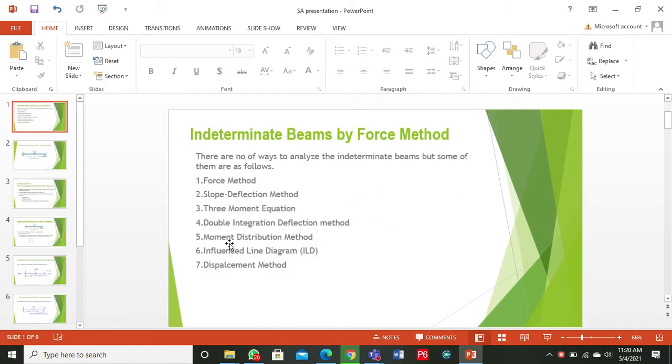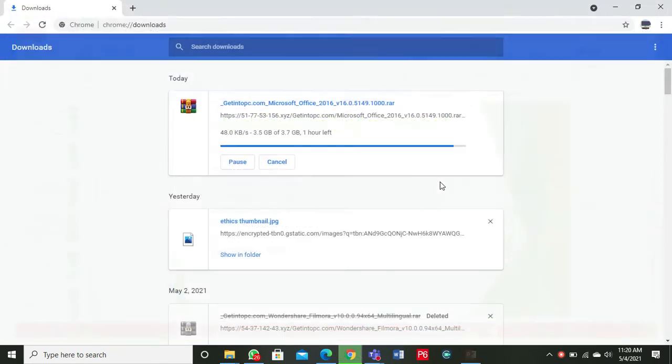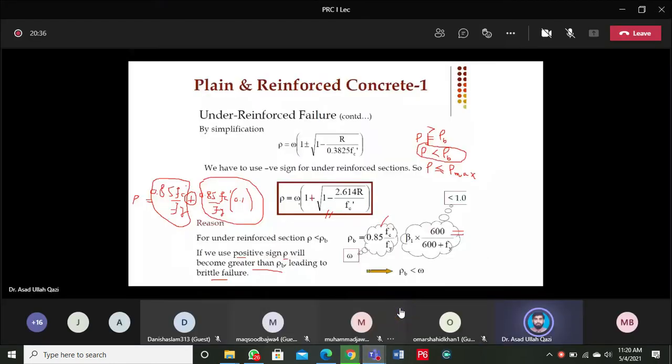And I have already discussed in the recorded lecture that preferably when you want to design the beam, you will call this equation to determine the rho, and this equation will give you a direct answer of the under reinforced tension controlled area of steel.